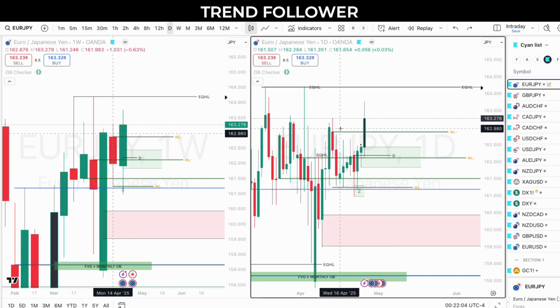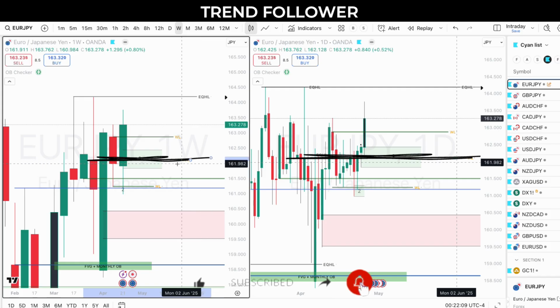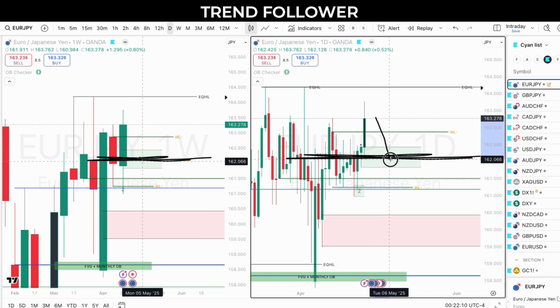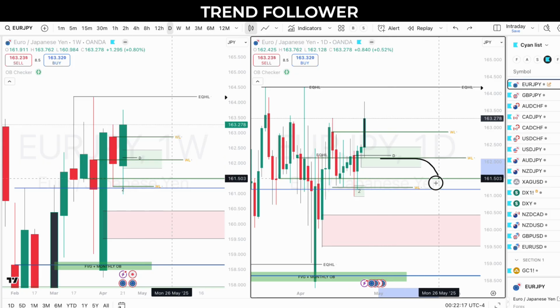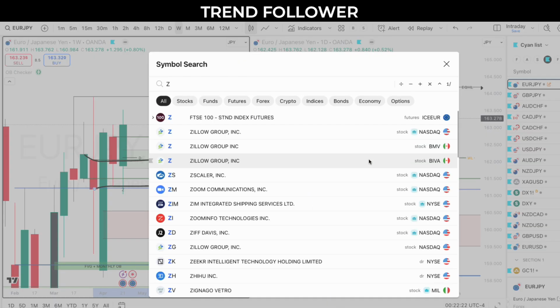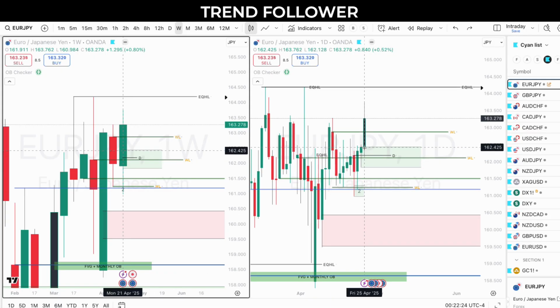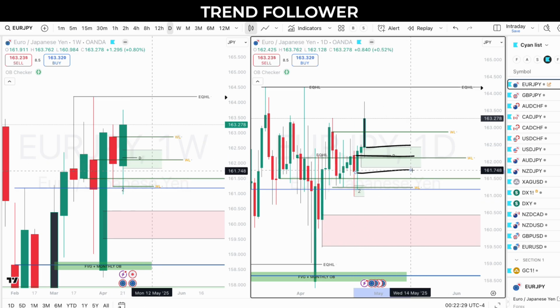Now, the most ideal case scenario is you come and test this area. If it comes and tests this area, this is a very high probable zone because you have this weekly zone here. Apart from that, you have this daily zone, and apart from that, you have this daily zone here, right?